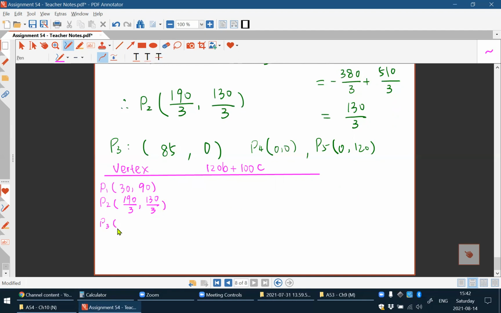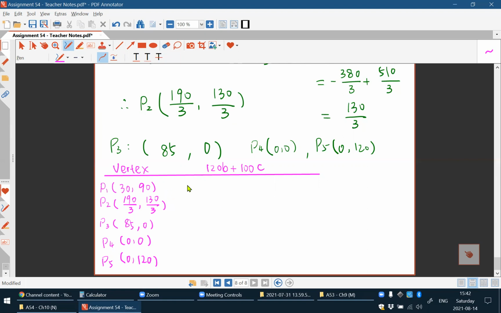Third, P3, 85, 0. P4, 0, 0. P5, 0, 120. Okay, so according to the hint, we only need to check the target function at these vertices. One of them must achieve the maximum and one of them must achieve the minimum, right?